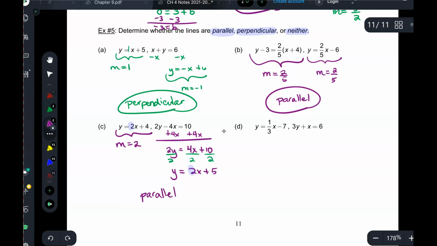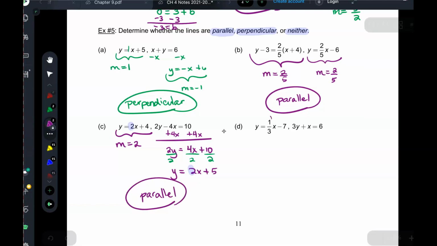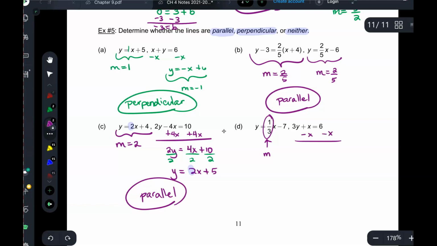The next one's gonna be neither because they didn't do it at all, so you just know it. Okay, this one, the slope is 1/3. You say neither? How come? 1/3 is perpendicular to negative 3, but this is neither. So I get negative 1/3 x plus 2.